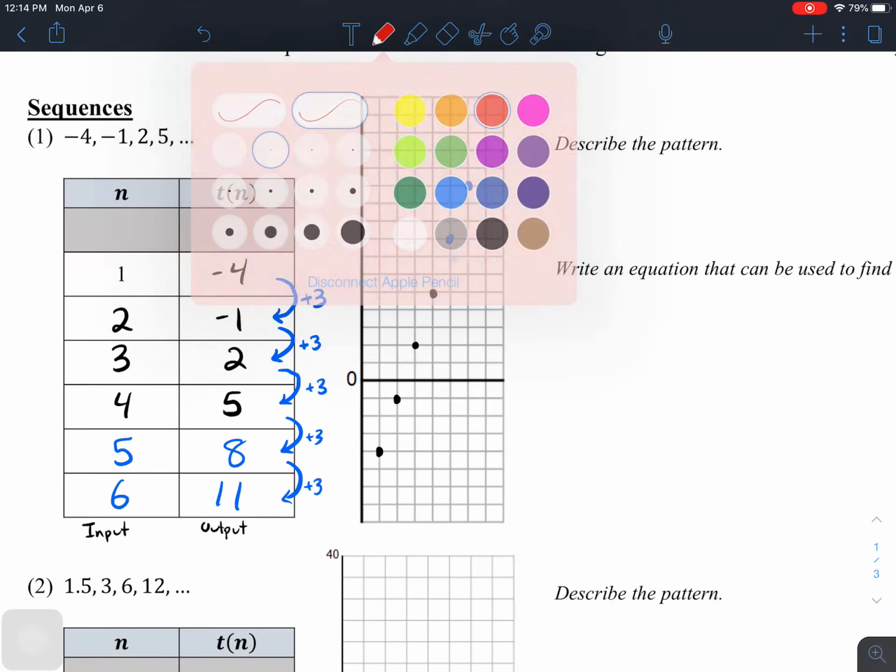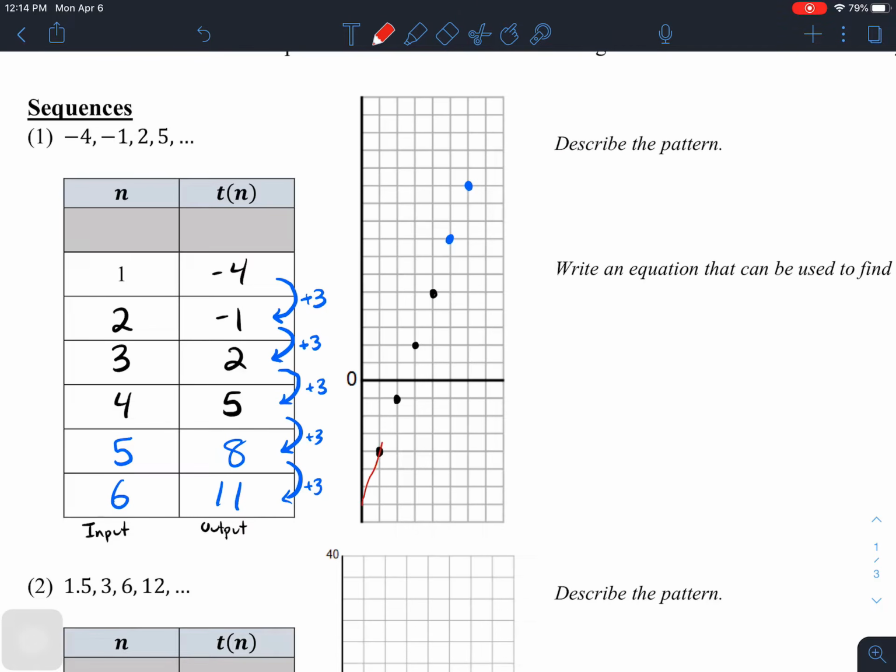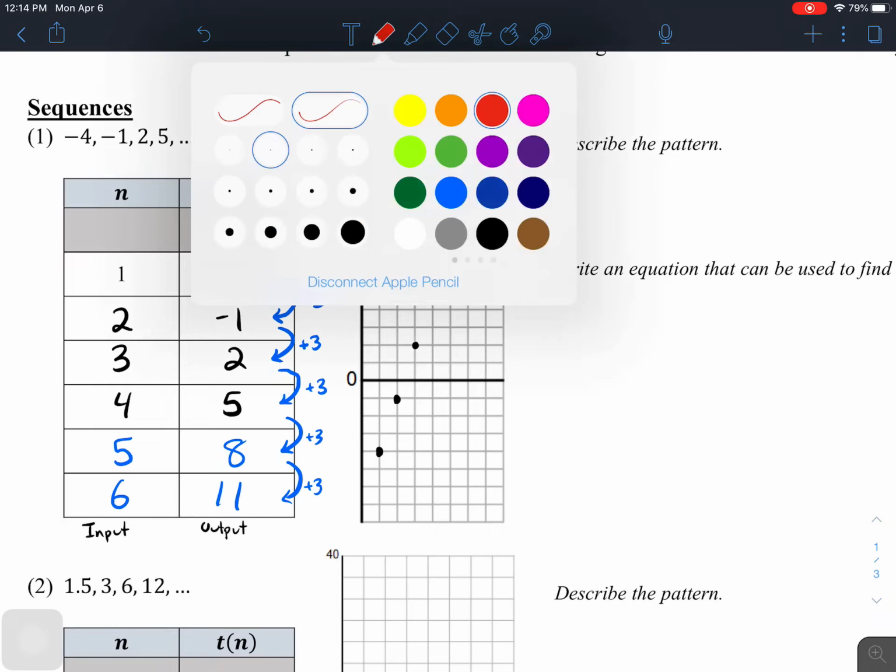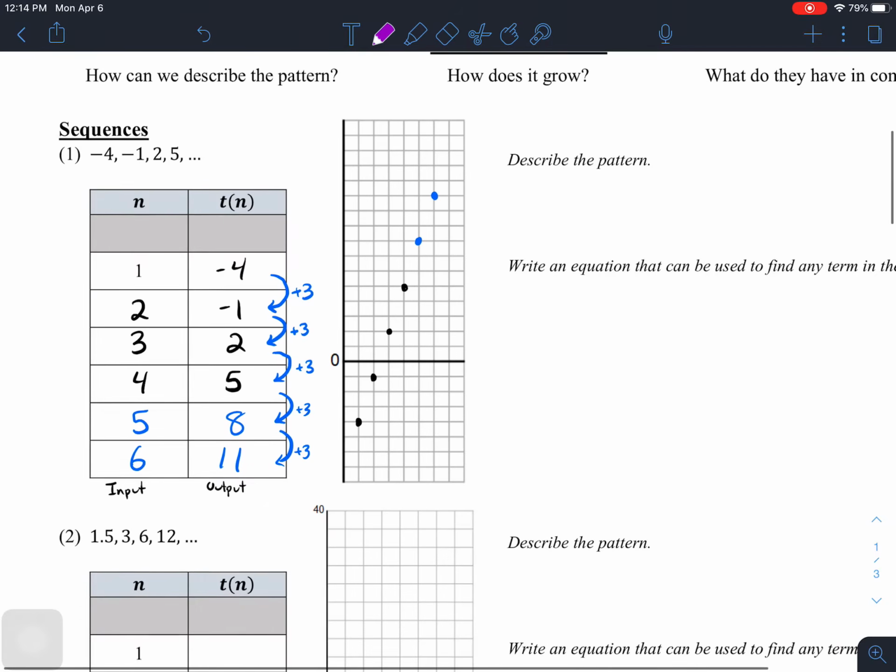Looking at it visually, and I'm not going to graph it, I'm going to erase it afterwards, it looks like it follows a linear pattern. So my pattern is I'm adding 3 each time.